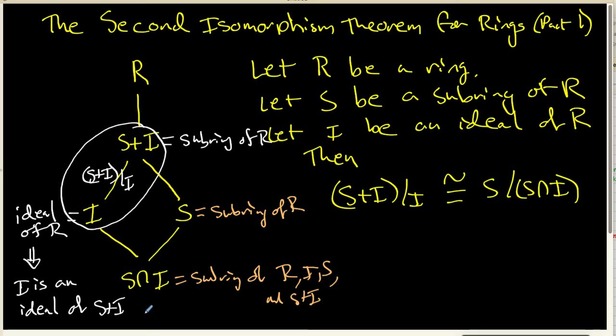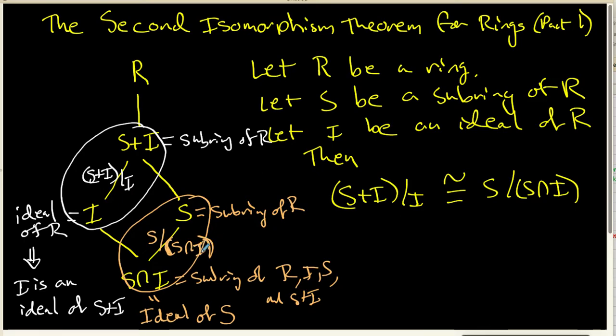But more importantly, we proved that this particular thing is an ideal of the subring S. And because S intersect I is an ideal in S, the quotient ring for this side of my diamond also exists and is well defined. And so this blob is going to be referred to as S mod S intersect I.